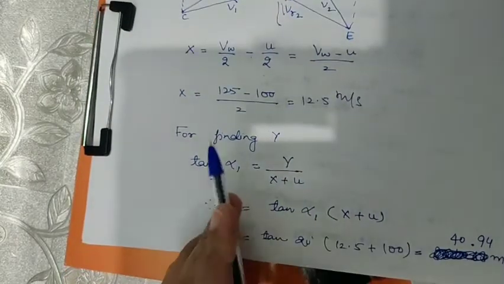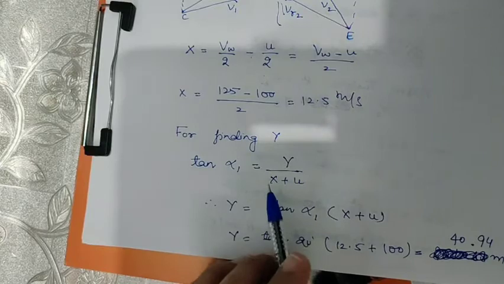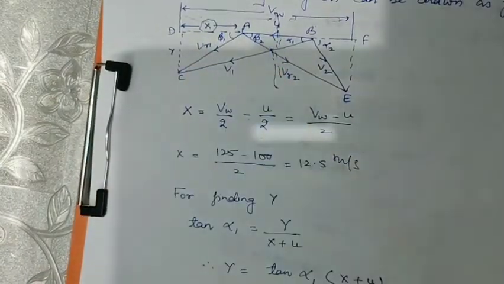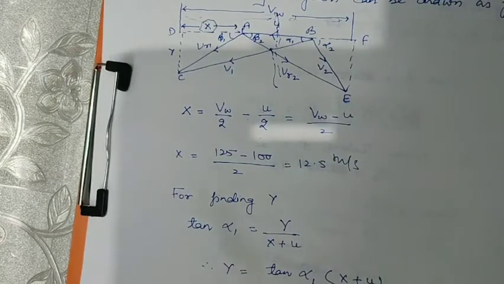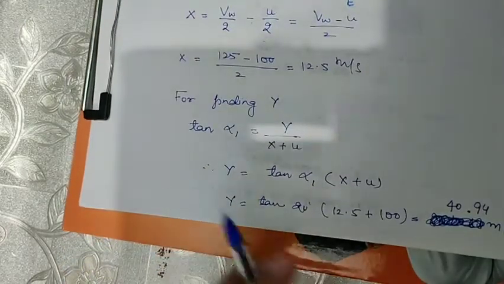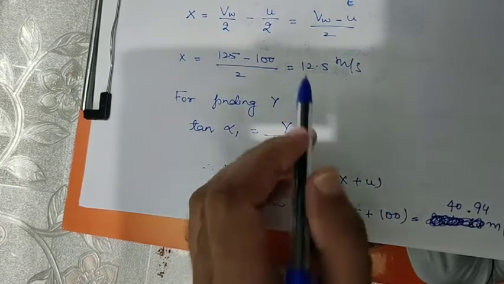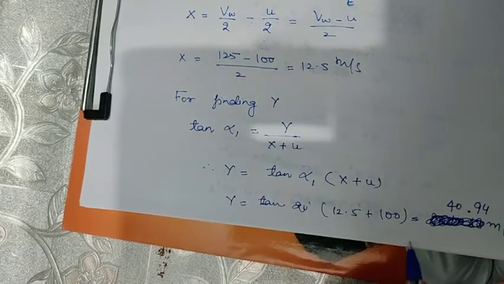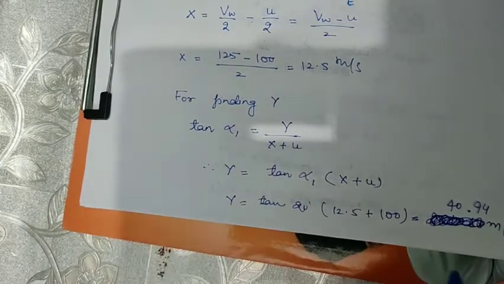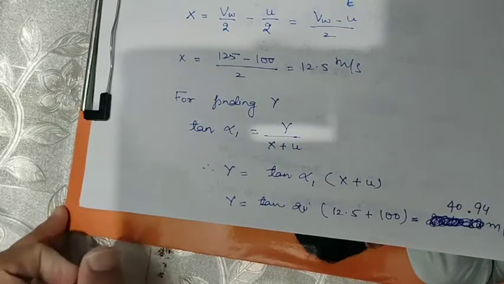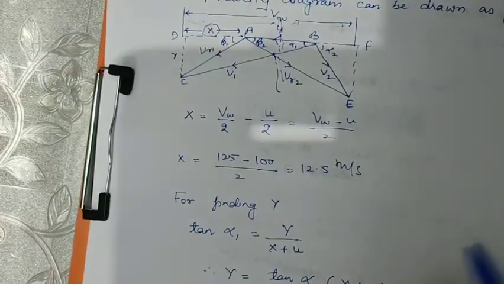For this triangle, tan alpha 1 is equal to y by x plus u. So y is equal to tan alpha 1 times x plus u. Alpha 1 is known to you because beta 2 is given to us, that is 20 degrees. X is 12.5, which we have calculated, plus 100, that is the blade speed. So what is the value of y? Y will be 40.94 meter per second.